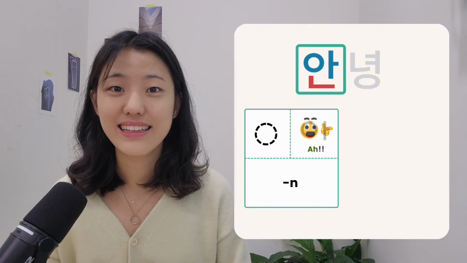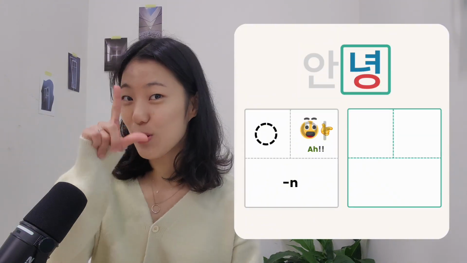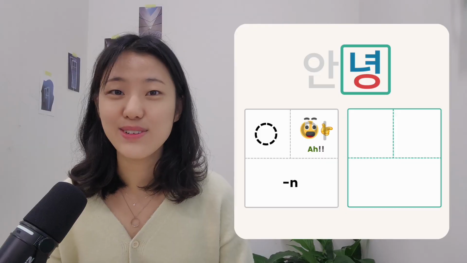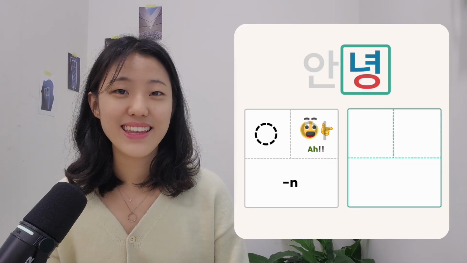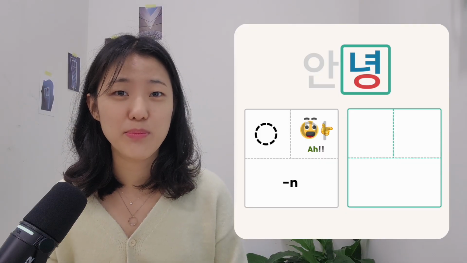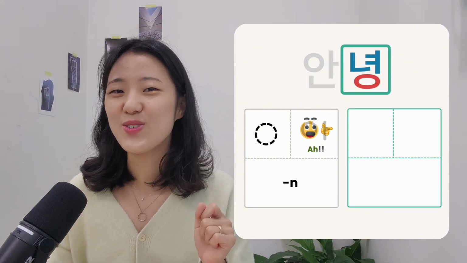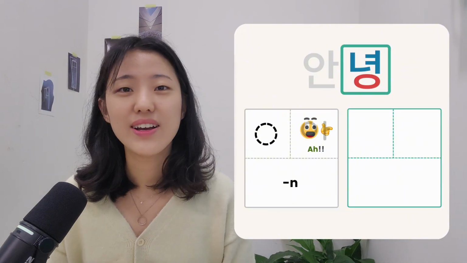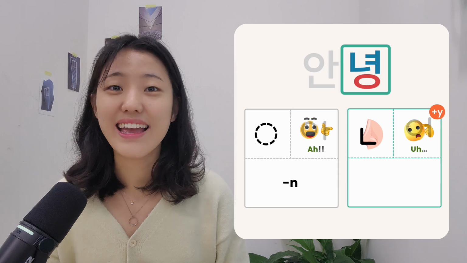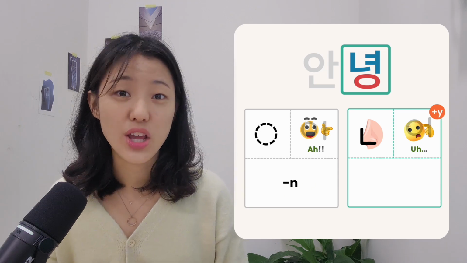And the next syllable, the nose, remember? So n from nose, and you have extra stroke, so yo. N and yo together, nyo.